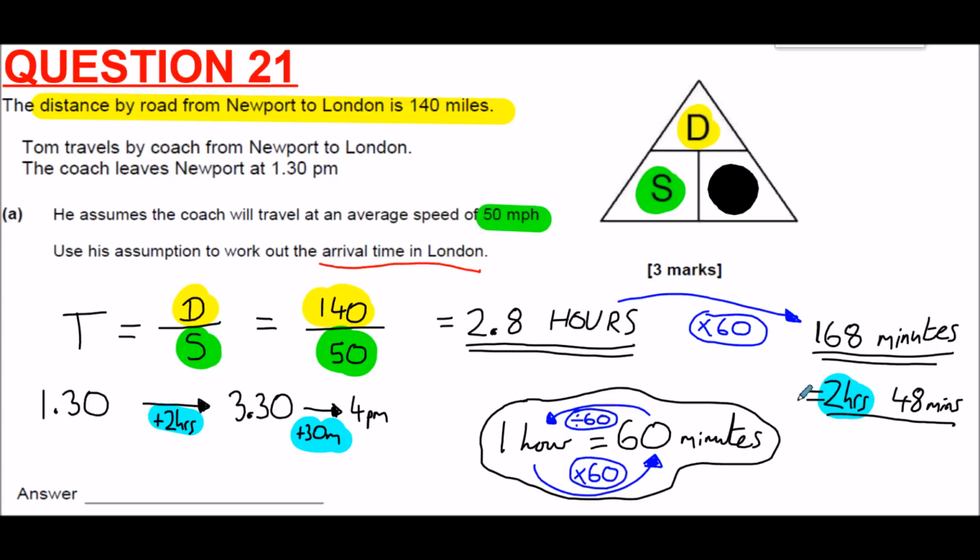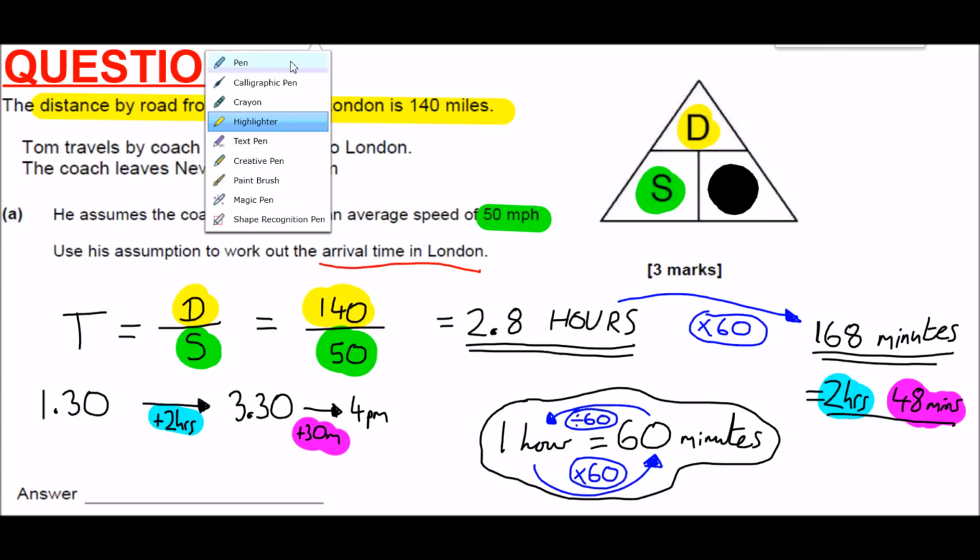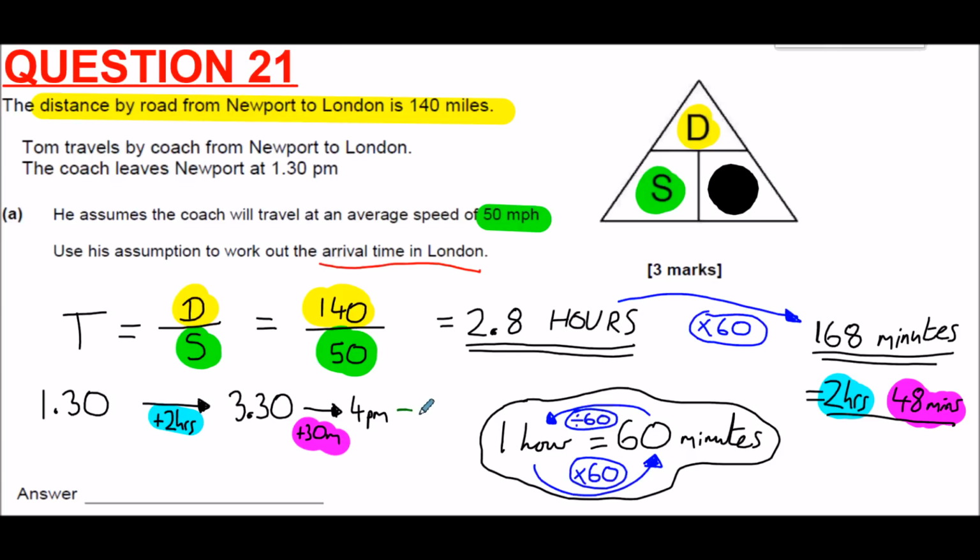So 2 hours we've used, but what we haven't used all of yet is the minutes. So we've got 48 minutes as well as the 2 hours. So this is using 30 minutes to get to 4 o'clock. 48 take away 30 is still another 18 minutes still to travel.